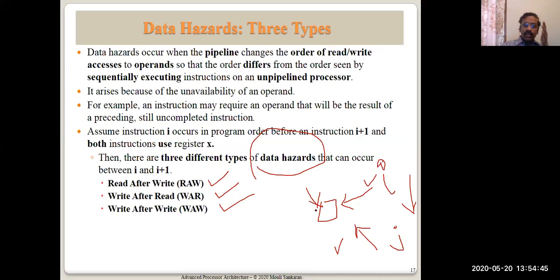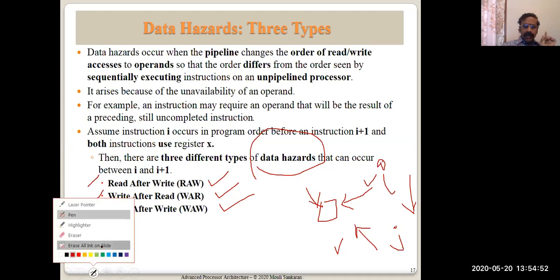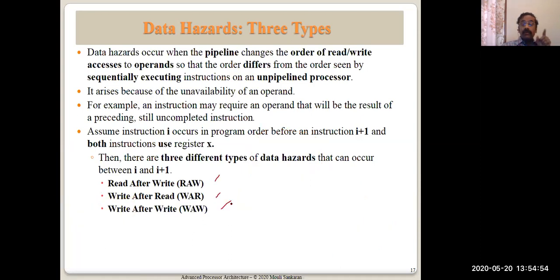Now, how do we solve them if any one of these conditions happen? First of all, we should identify there is a problem in the hardware when the instruction is coming in, and then try to enable some control signal so that either we solve it using the solution that we built in the hardware, or stall the instruction so that the impact is not there.